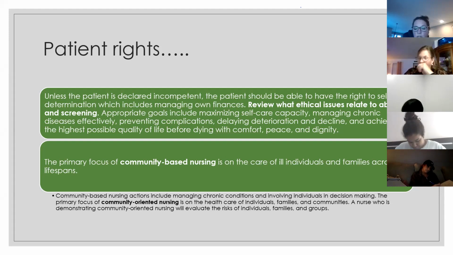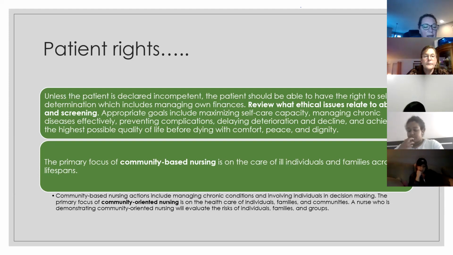Should somebody throw out a question that might be on this? A nurse is implementing a program to prevent smoking in school-age children. Is this an example of a community-based nursing action or a community-oriented nursing action?